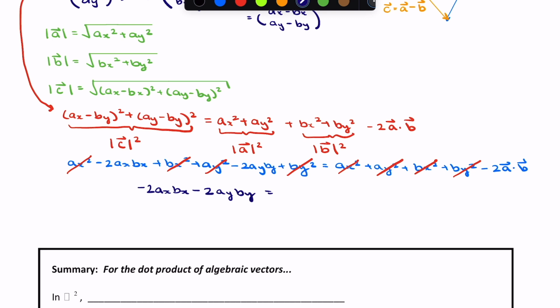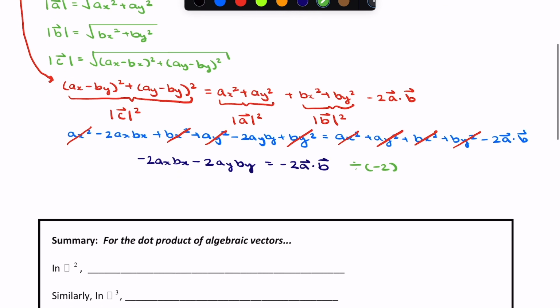And that equals -2 vector A and vector B. What we'll do here, we'll divide everything by -2. And here we'll get ax bx plus ay by is equal to the dot product of vector A times vector B.